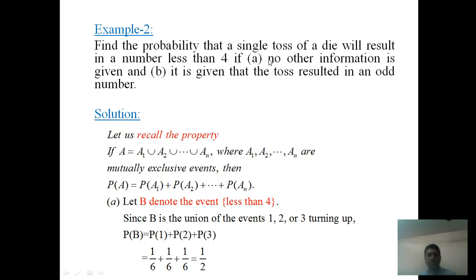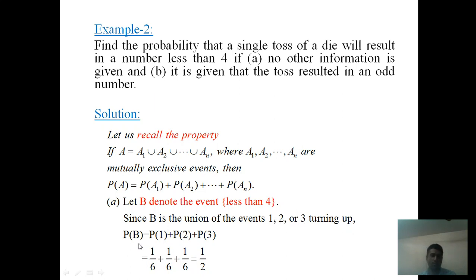So we start with the first option: no other information is given. Let B denote the event less than 4. Since B is the union of the events 1, 2 or 3 turning up, because less than 4 covers 3 outcomes, it may be 1, 2 or 3.